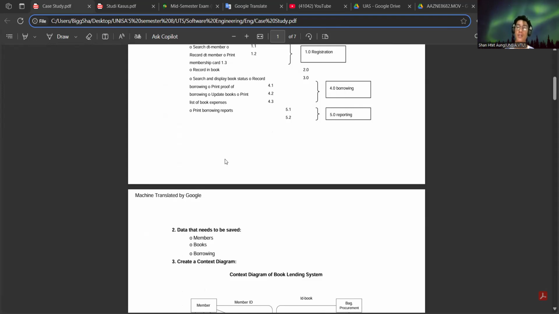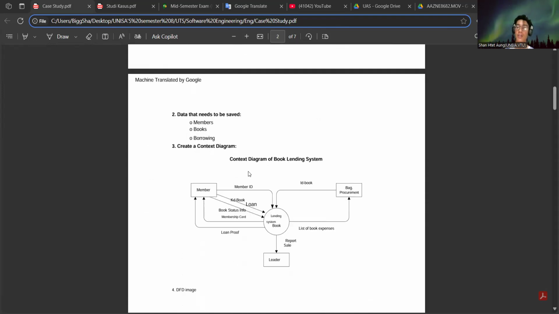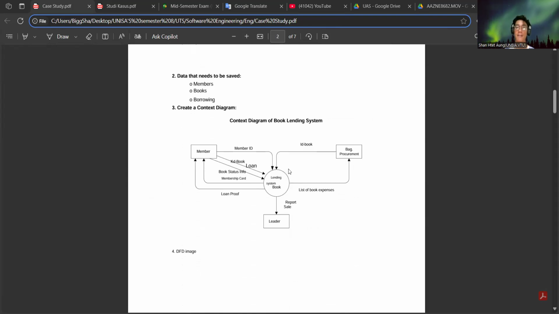So let's start to create the context diagram. So you can see the context diagram. There are three entities: member, procurement, and the leader. The system is the central entity. So first of all, the member needs to work on that in the registration.